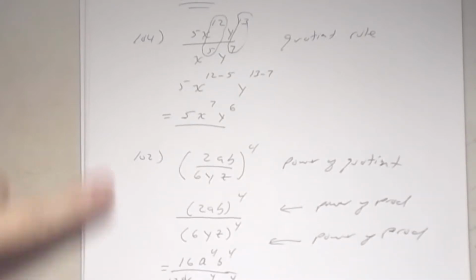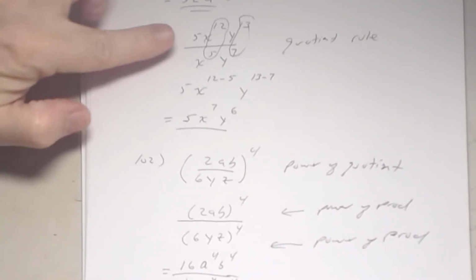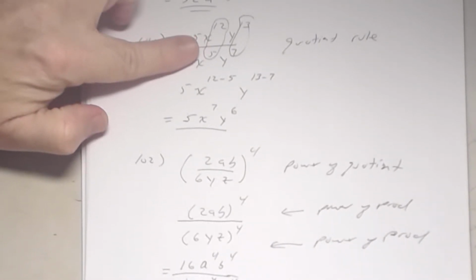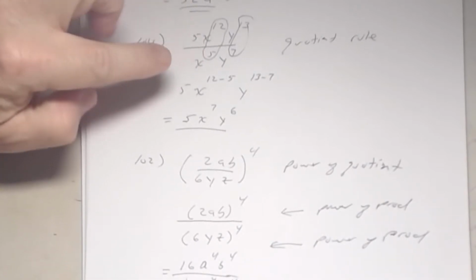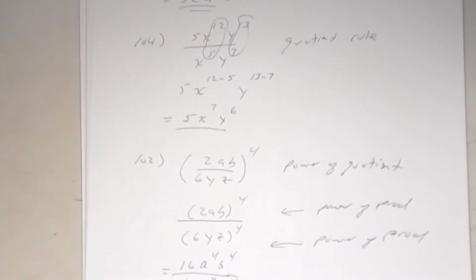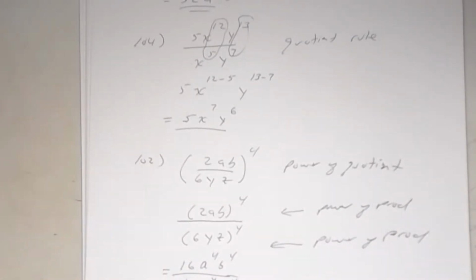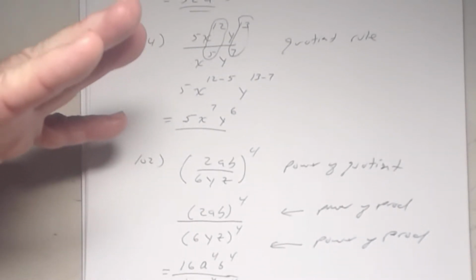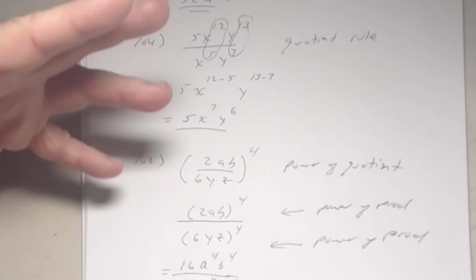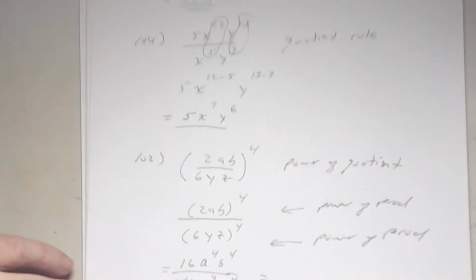Now compare that with the previous problem. There, we used the quotient rule because I had the same variables in the numerator and the denominator. Am I going to use the quotient rule at all here? No. But can I simplify the coefficients? Yes. For one thing, they're both divisible by 2. They're both even, right? So let's do the 2 first and see what happens.